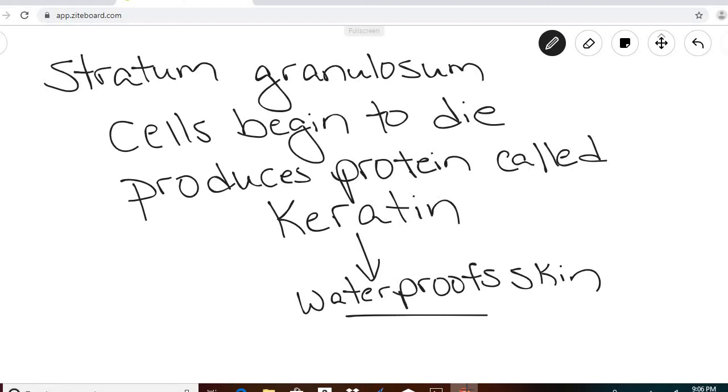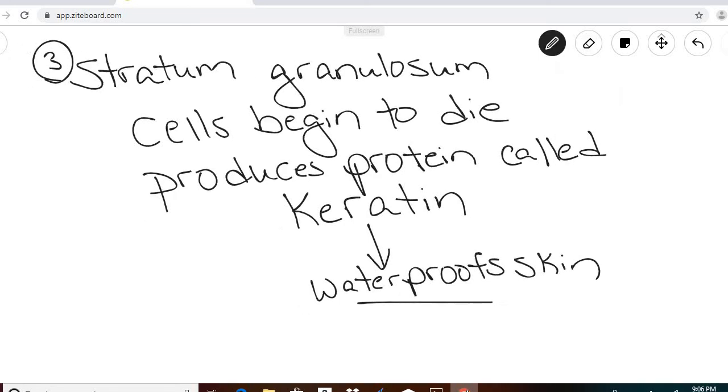So that keratin is important for retaining water in the skin, but also keeping too much water from getting in, so that our skin just doesn't bloat with water. Okay, so stratum granulosum is the third layer, moving deep to the surface.